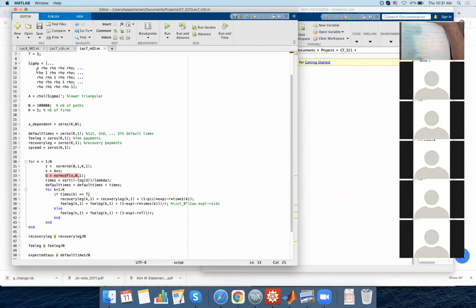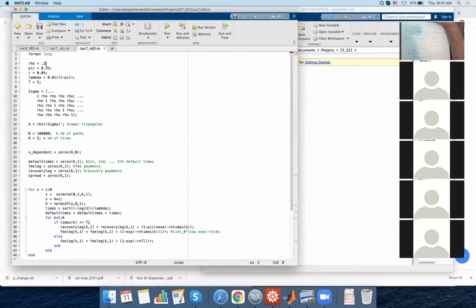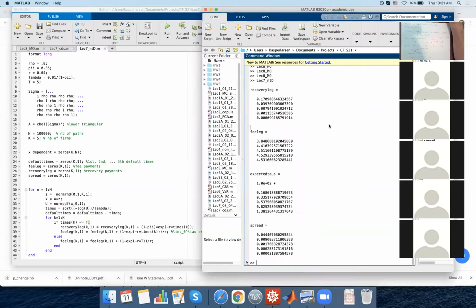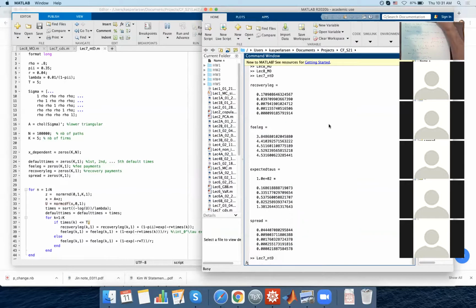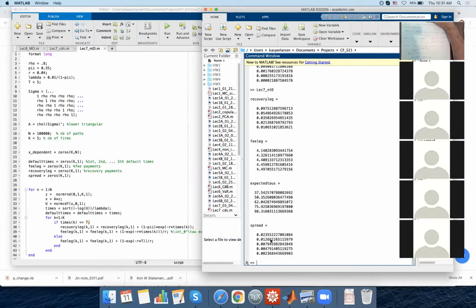Up here, sigma. And the important part is when I start playing with this correlation, if I increase it to say 0.8, so we have a high correlation, well then these numbers really change quite a bit. You can see when the correlation becomes higher, the first to default spread drops and the fifth to default spread increases.